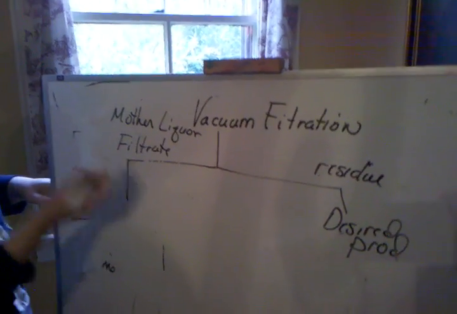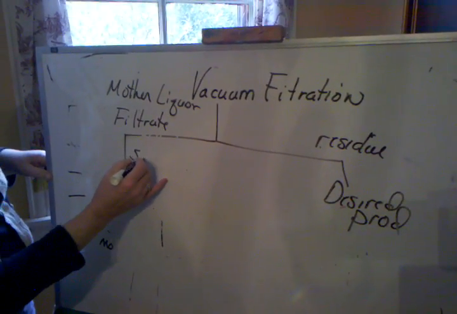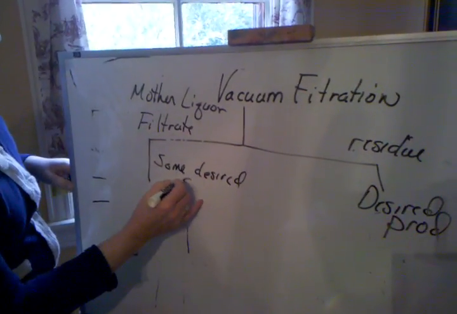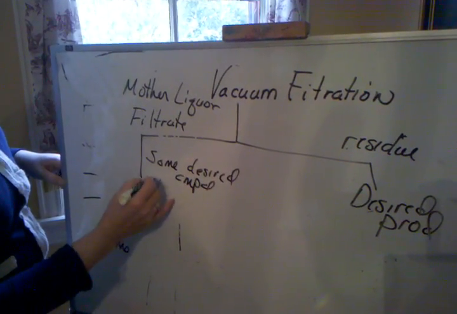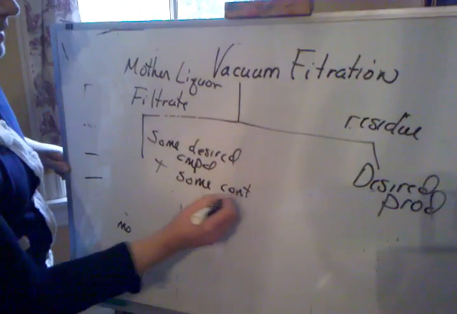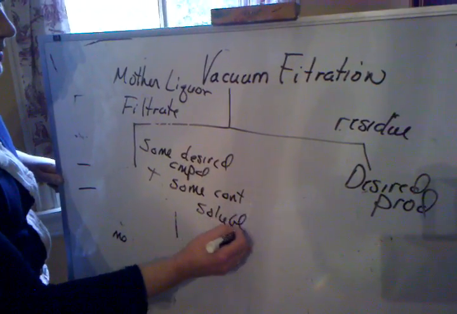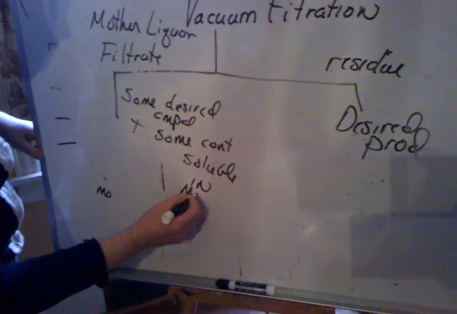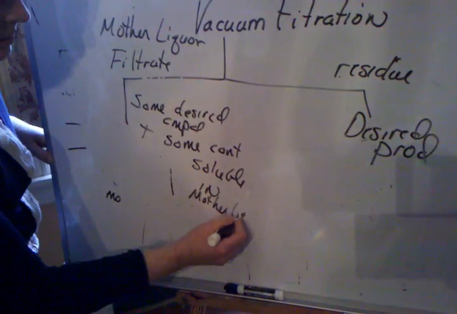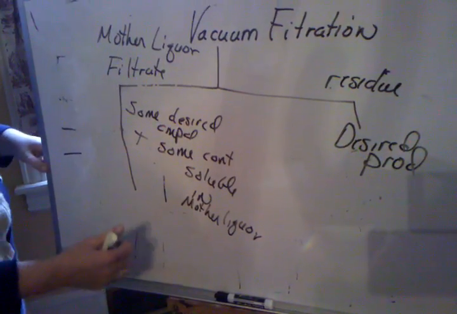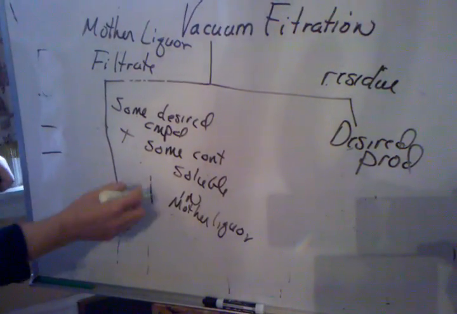The filtrate presumably has some desired compound and maybe some contaminant that is soluble in the mother liquor. Okay? So this filtrate, and I'll draw a diagram of this in a second.